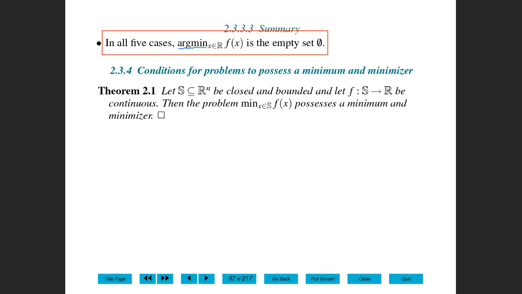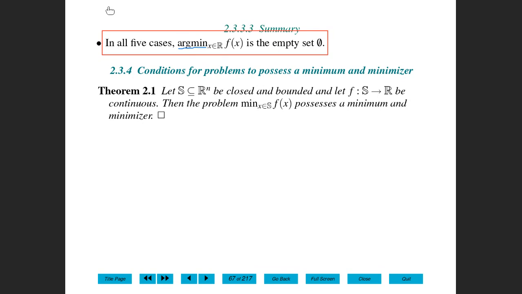Arg means, yes, it's the argument, but arg min means what would give you the minimum, which means it is the minimizer. So once you see arg min, this means we are talking about the minimizer. And if we remove the arg, that means we are talking about the minimum.